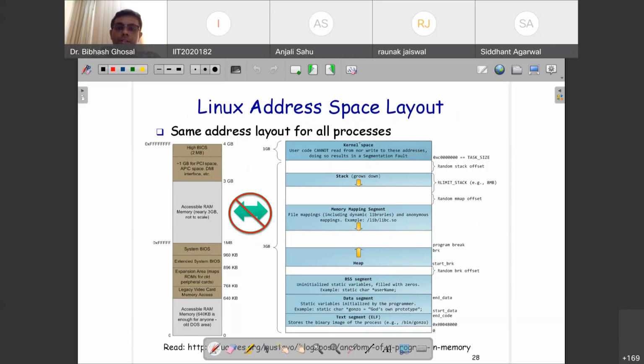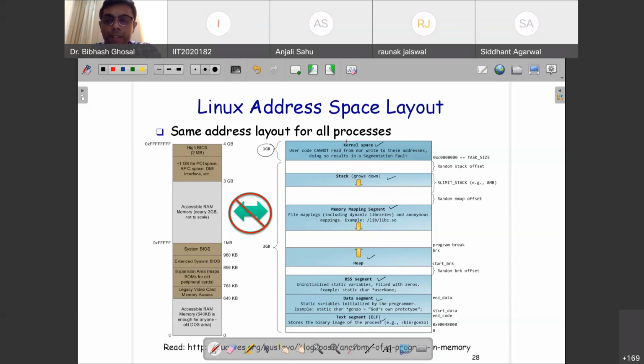We have some part as the kernel space, some part as the stack, the memory mapping segment, the heap, the BSS segment, which contains static variables filled with zeros, the data segment and the text segment. All of this takes 3 GB of space, and 1 GB is reserved for the kernel.